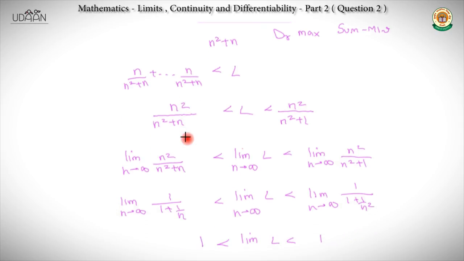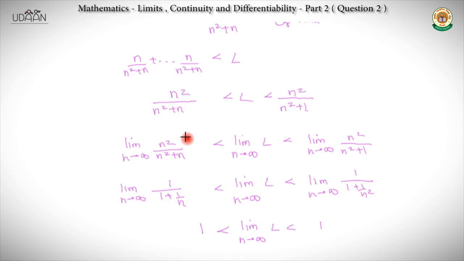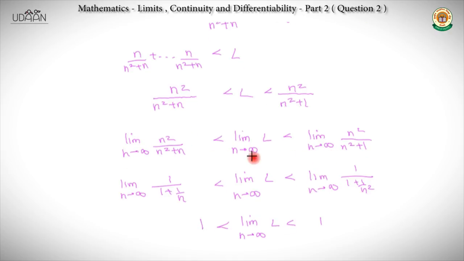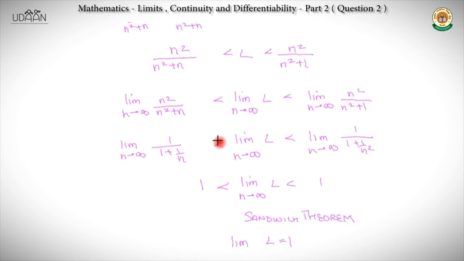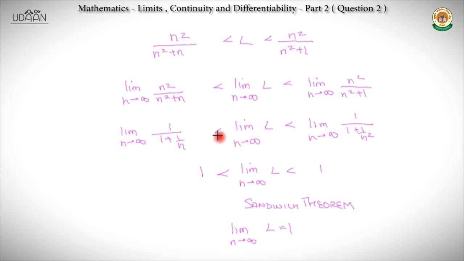So I'm going to apply the limit as n tends to infinity on all the sides. Now we can see that the degree of n is 2 in both numerator and denominator, on both the left hand side as well as the right hand side. So I'm going to divide both numerator and denominator by n square on both sides.